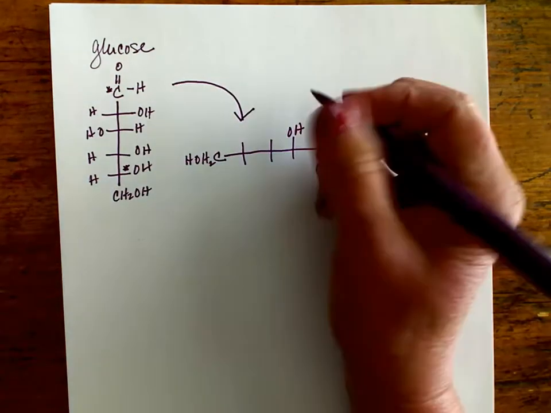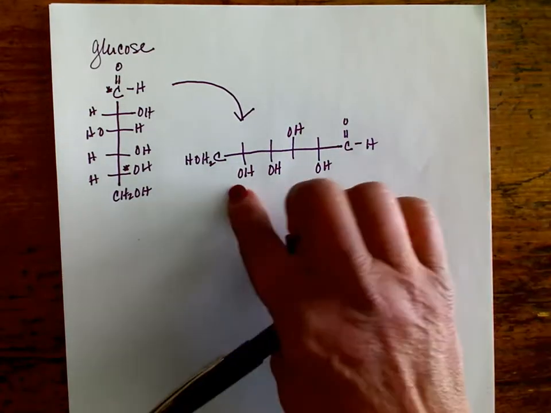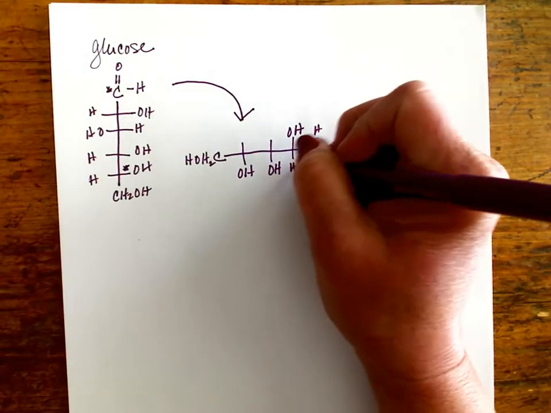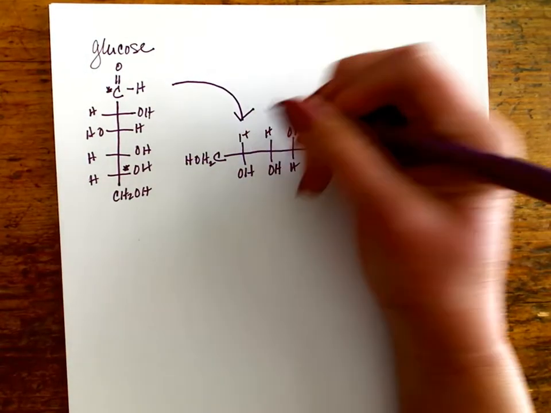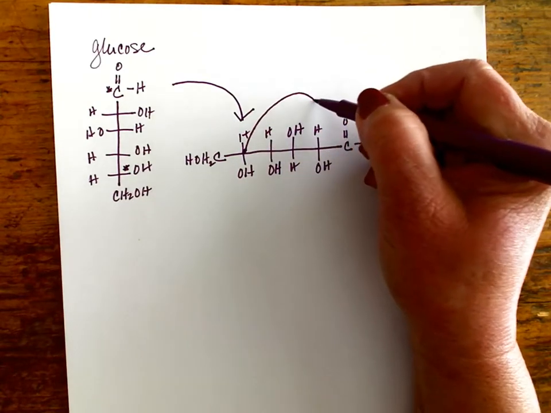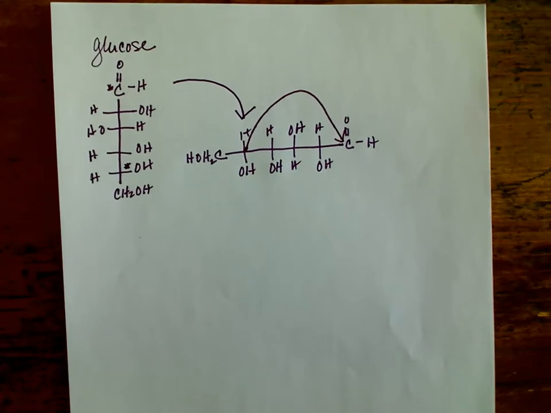So when I tip this over, these are going to have those 3 hydroxyls on the bottom and 1 on top. And it's this carbon that is going to react with that aldehyde head group to form that hemiacetal.